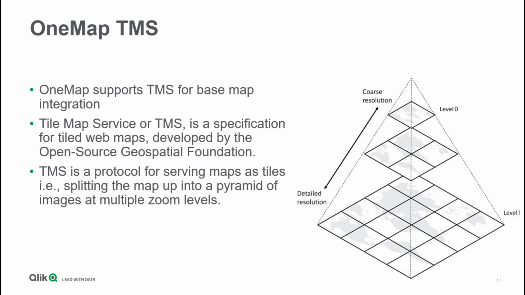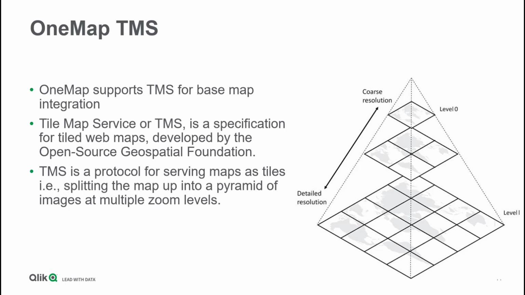OneMap supports many ways for base map integration. TMS is one of them. Tile Map Service, or TMS, is a specification for tile web maps developed by the Open Source Geospatial Foundation. The definition generally requires a URI structure which attempts to fulfill REST principles.